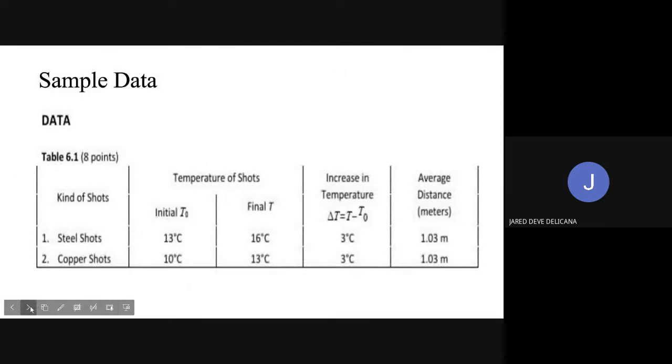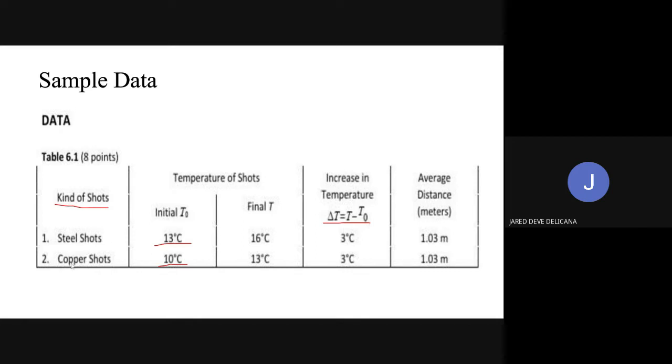What we have noticed is that we always have to measure the initial temperature because the delta T is very crucial in this experiment. So we have to be meticulous about the initial temperature and the final temperature. Before starting the experiment, take note of the initial temperature, and take note that this is different in different types of shots, for example, in the case of our shot tube method.